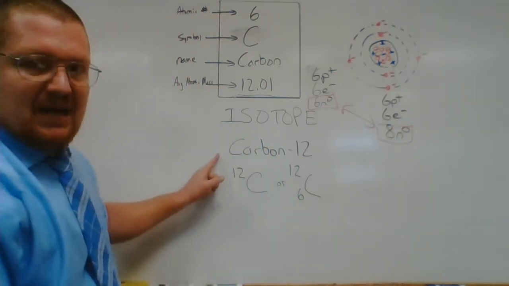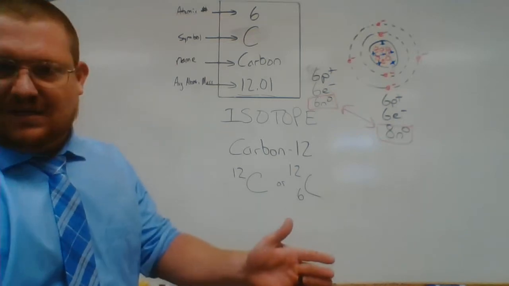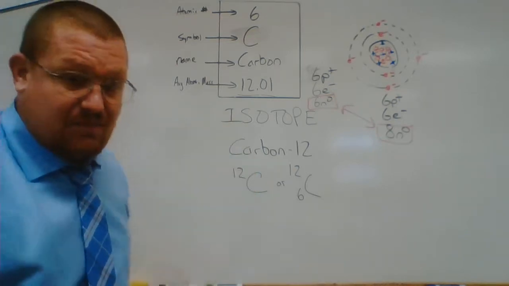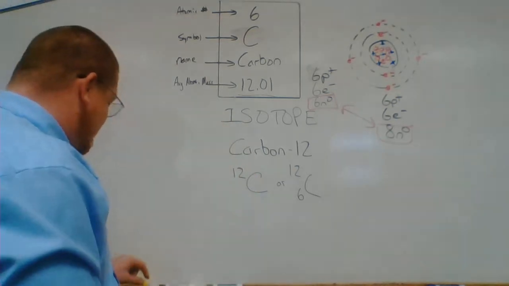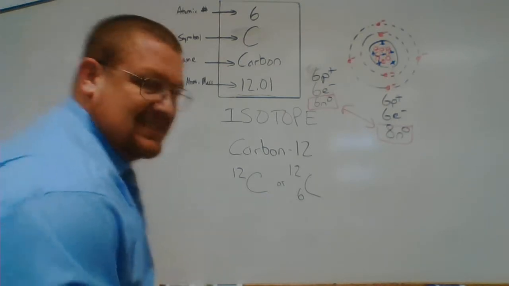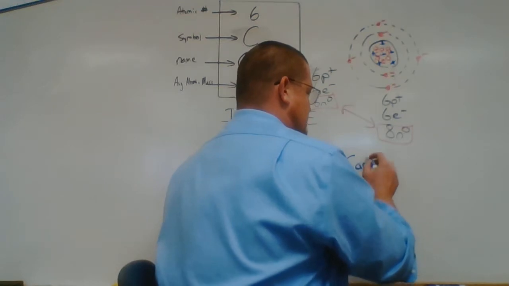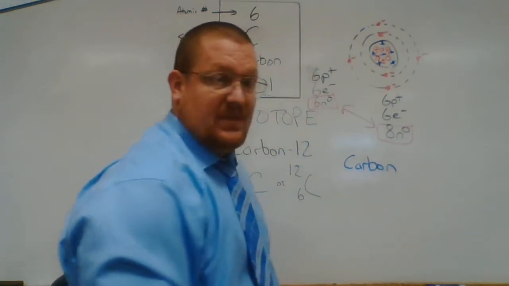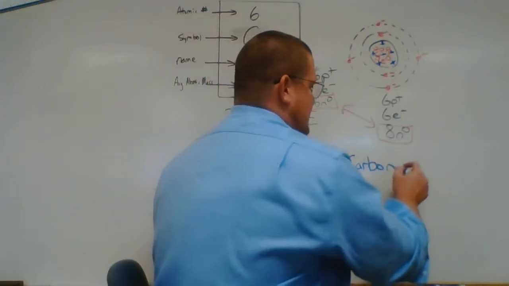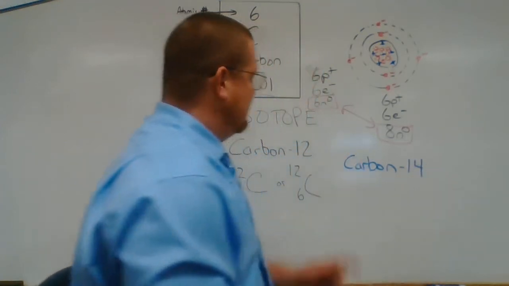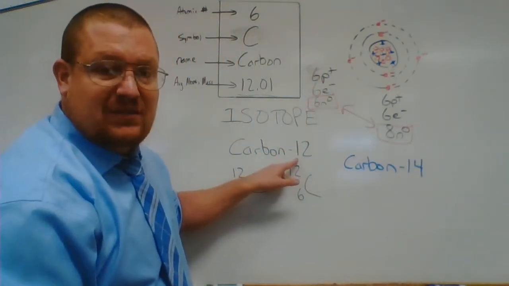So this is not carbon 12. This is a cousin, or an isotope. Use our word here, isotope. So we're going to write this a little different. It's still carbon. Now it's carbon 14. Before, the carbon had a mass of 12.